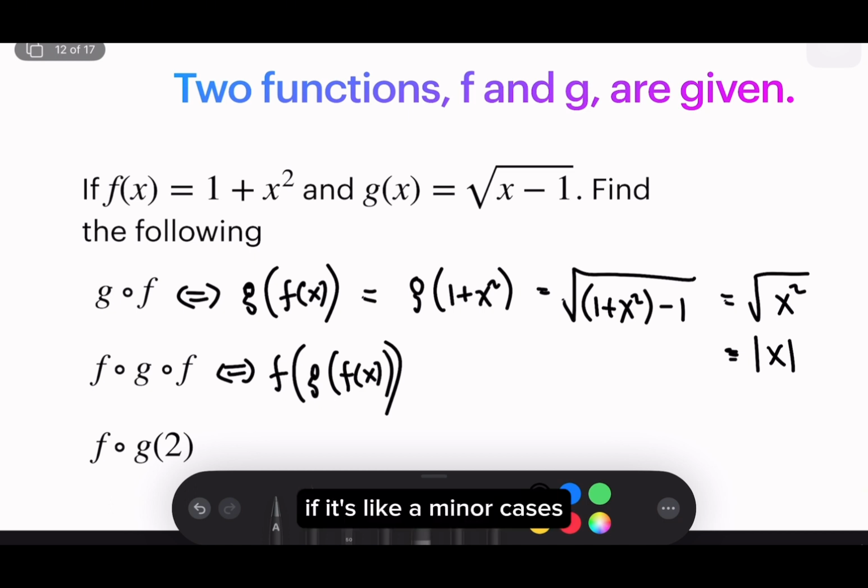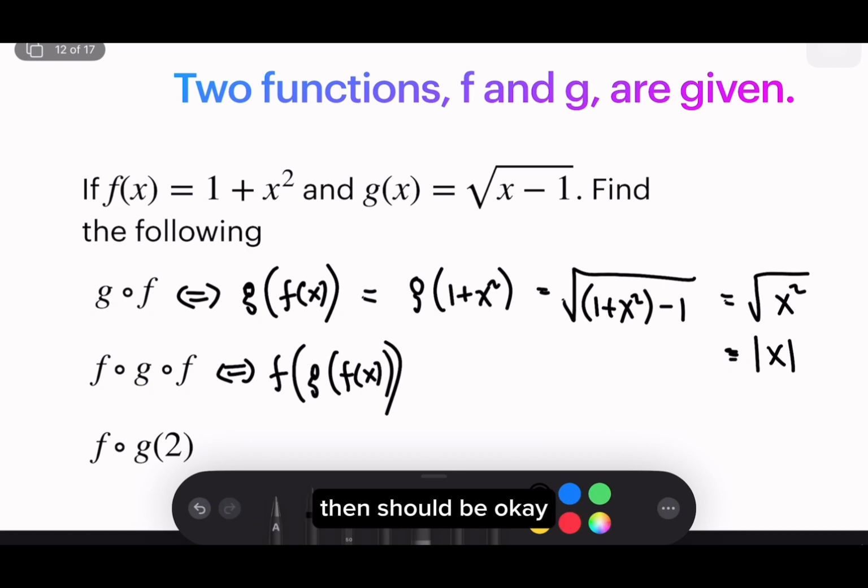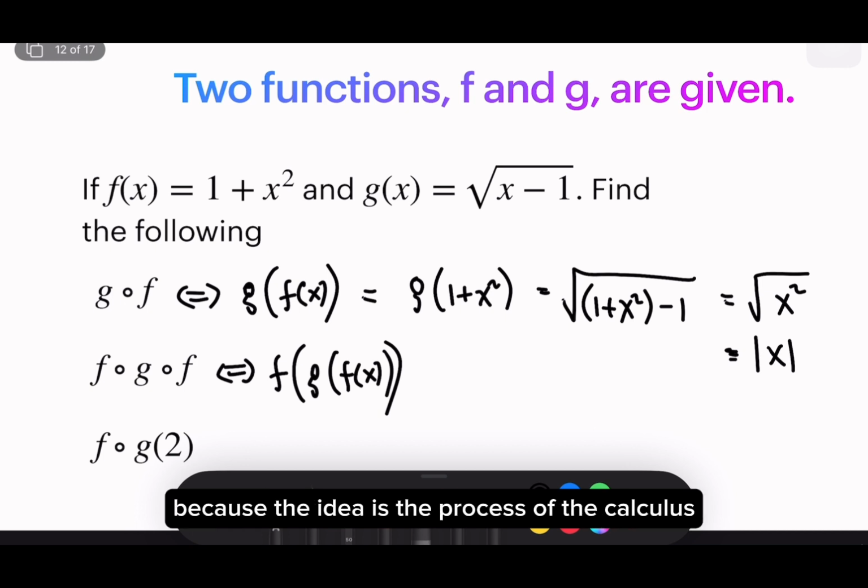If it's a minor case, maybe you still get most of the points. If the question is asking mostly about the calculus part, as long as you get the idea of the calculus part, then it should be okay. If you miss out some number or even some absolute value, you still get most of the points, because the idea is the process of the calculus.